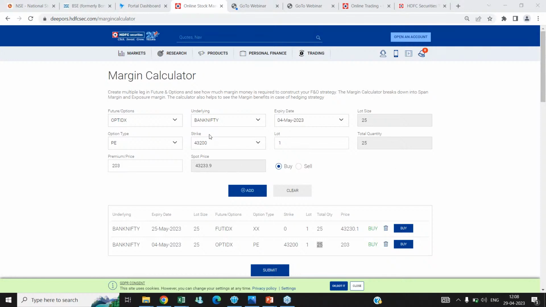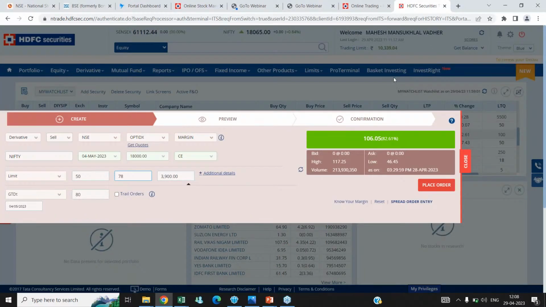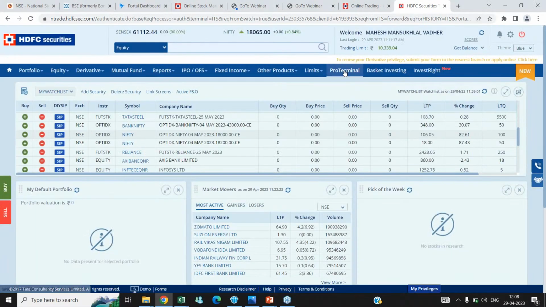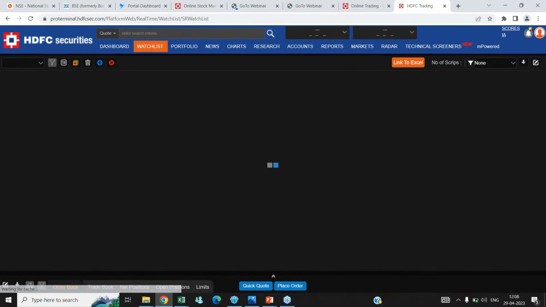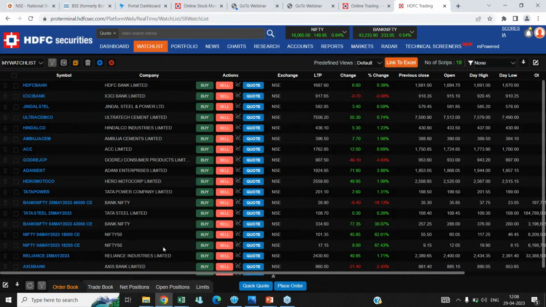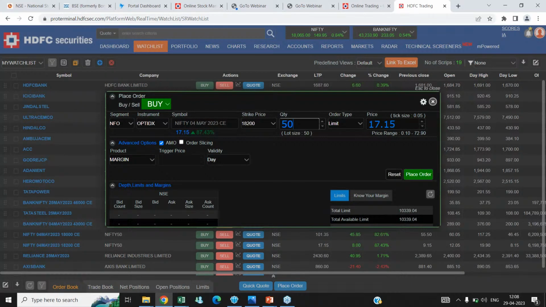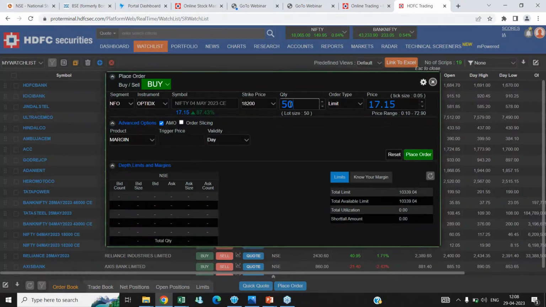One more question is how to place large buying and selling orders. Mr. Munuswamy, as I made you understand, in Pro Terminal you can place large buying and selling orders easily. Let us see how you can place them. I'll just showcase it very briefly. This is Pro Terminal. Through the order slicing functionality, you can place large buy and sell orders. Suppose you want to buy an 18,000 call option of 5,000 quantity in Pro Terminal at 12 rupees.